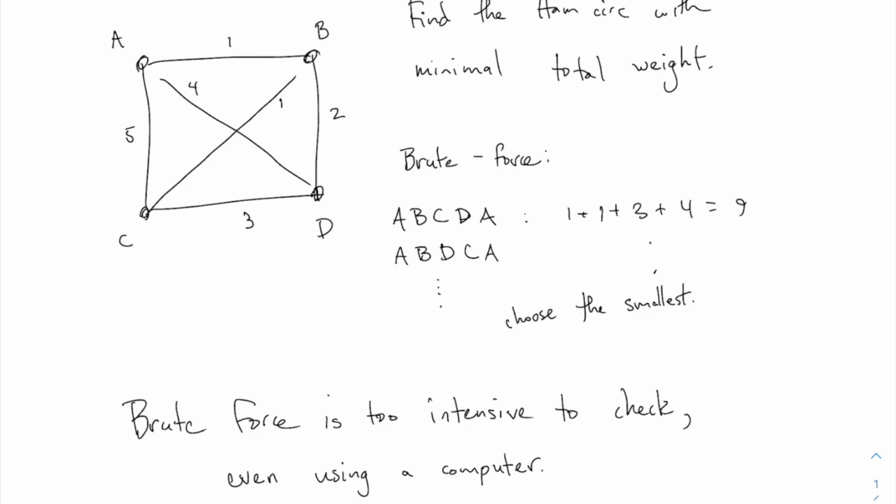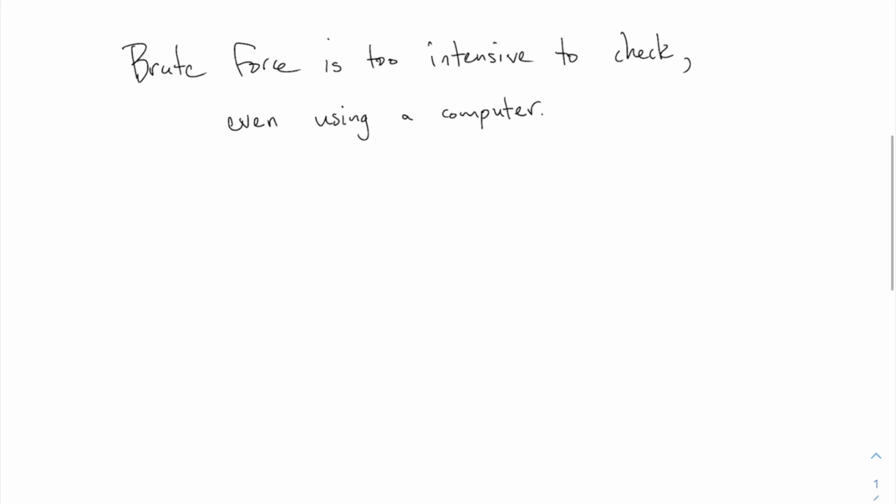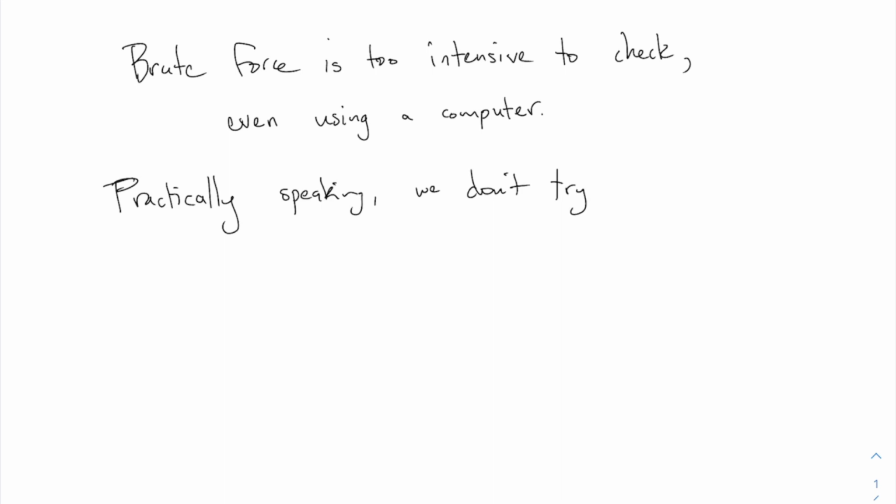That is really impossible to find the perfect route. So too intensive to check, even using a computer. I will say, practically speaking, in the real world, like the Amazon trucks, when they actually do this, we don't try to find the best route.